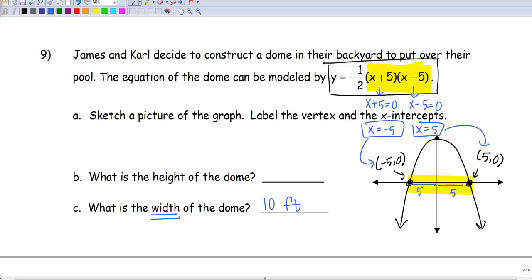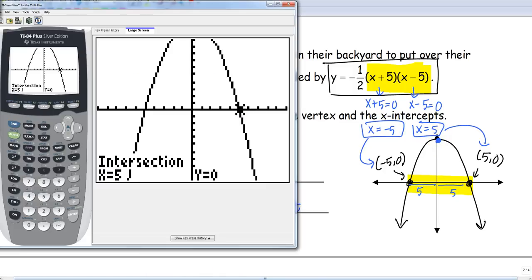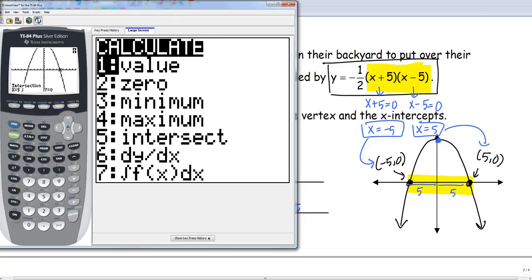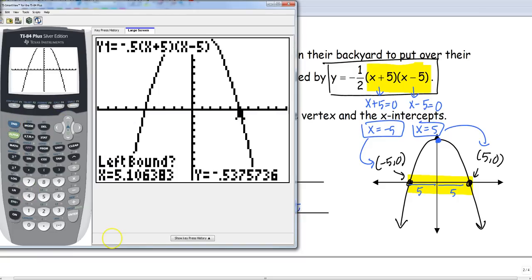Now, for your height. This involves the vertex. You've got two options. You can do second trace and then do your max. Left bound, you'll have to go to the left. And I know I can't see the very top, but I can still do this without changing my window. So once you're on the left, 1 enter. Right bound, go to the right.